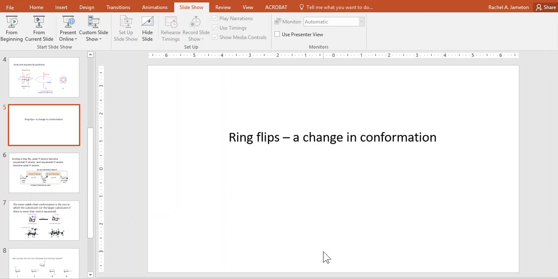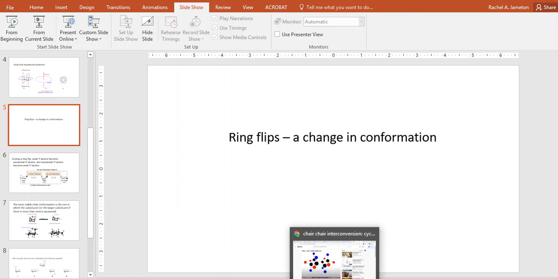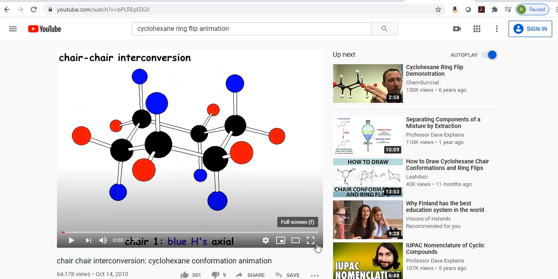So one of the things that cyclohexane in particular can do is a ring flip when it's in that chair conformation. Let's look at it. Sometimes students think it's like a pancake flip, and it's not. Here's what happens.